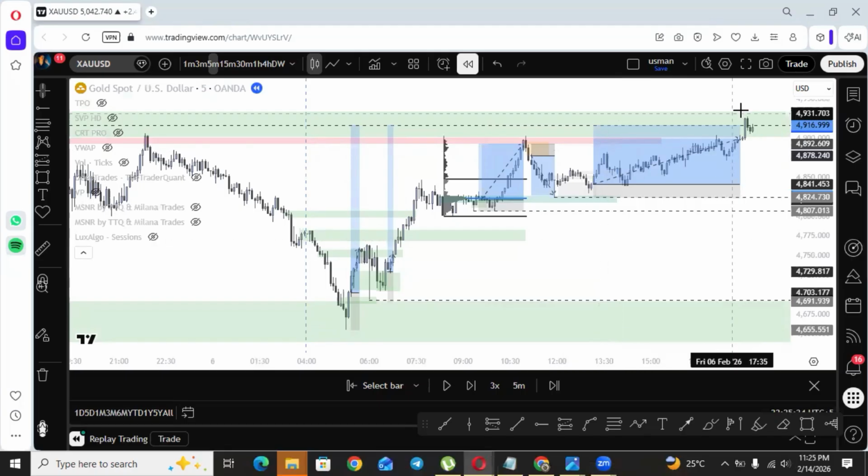Let me tell you an important thing: if you use any tool, like a footprint chart or any tool, there are some patterns. If you learn from anyone, like if you want to learn the footprint tool, you can't see footprint at every candle. You see only footprint confirmation at your point of interest.